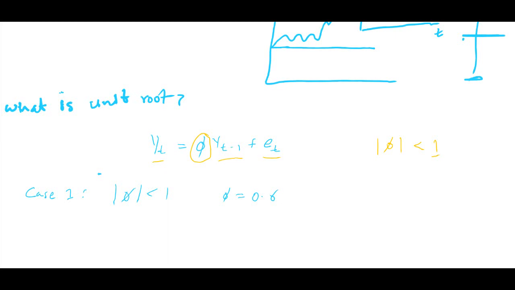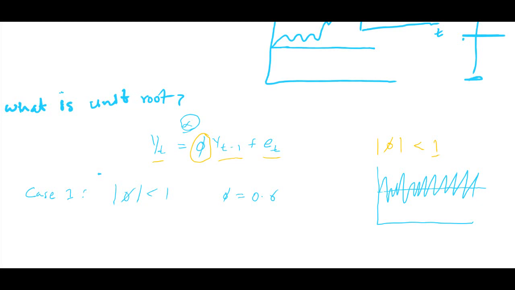If we plot it, its value will move around the mean, and that mean here is 0 because we haven't taken any constant value here. Therefore its mean will be 0, and all the values will move around the mean value 0.